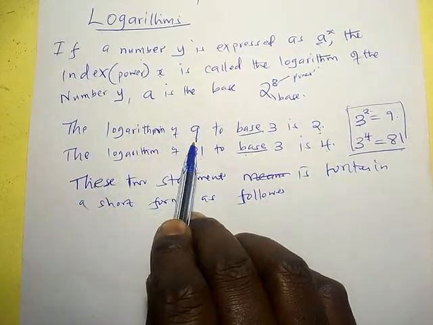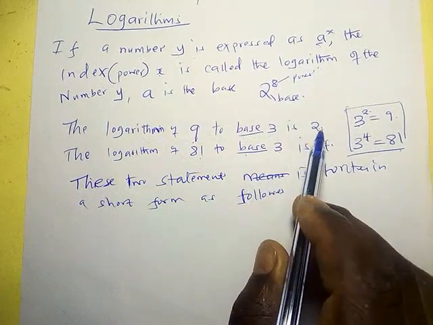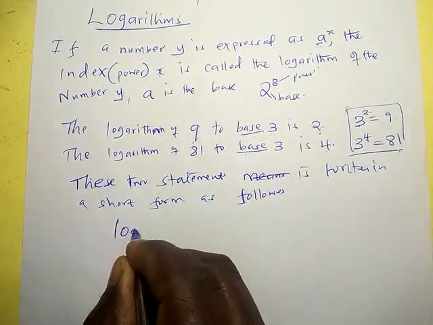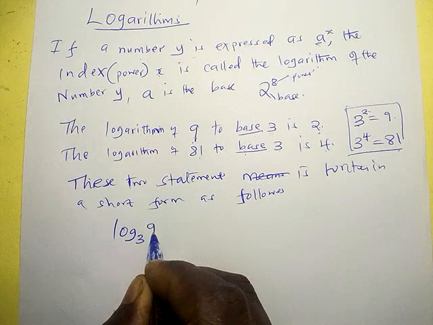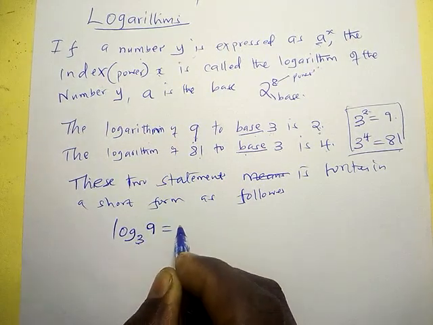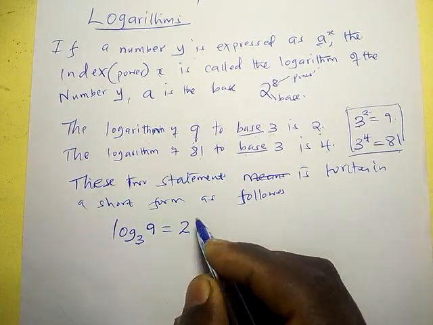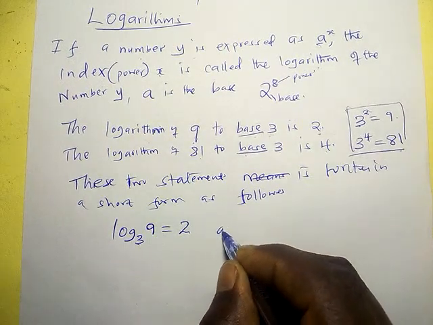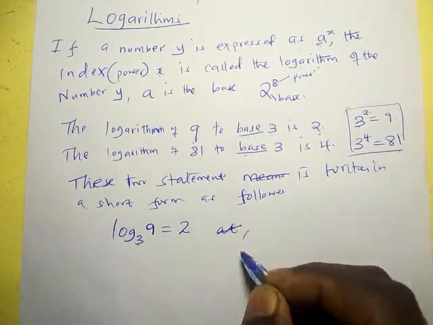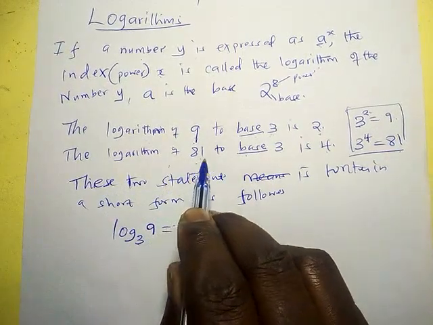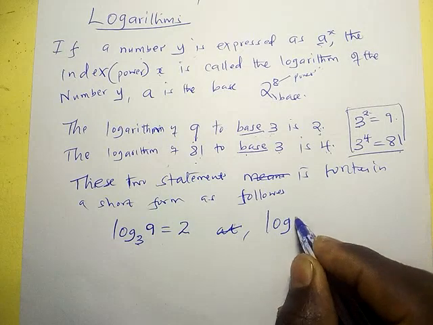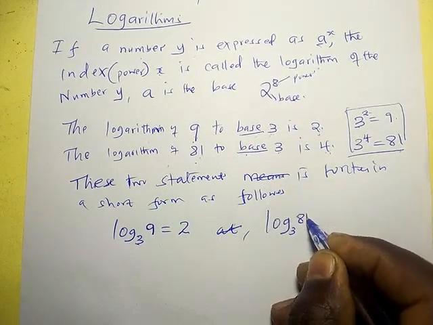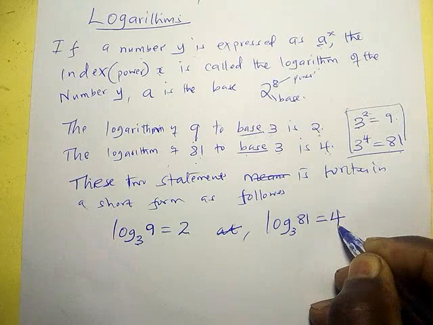The logarithm of 9 to base 3 is 2. So it means log, when the base is 3, of 9, the answer is 2. Also, the second statement, the logarithm of 81 to base 3 is 4. So log, when the base is 3, of 81, the answer is 4.